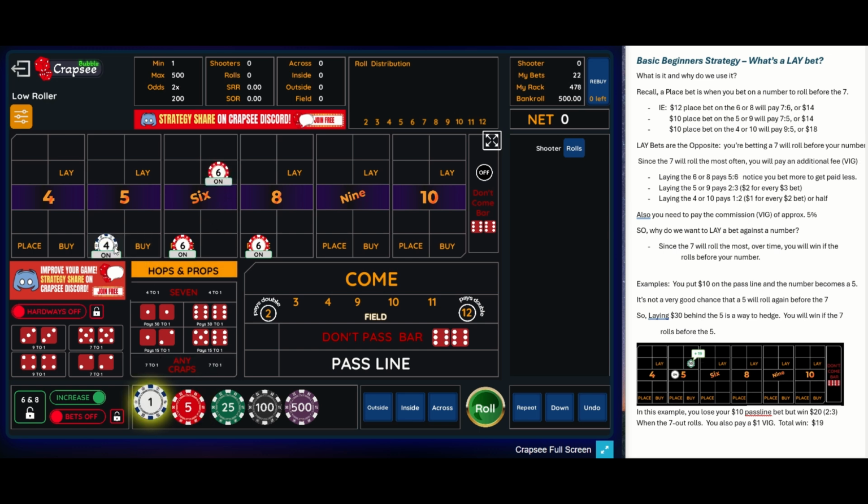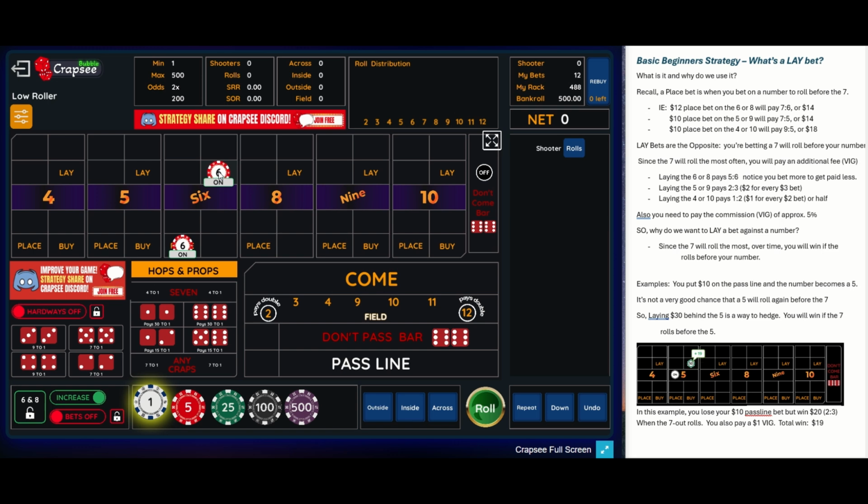So a $6 place bet will win 7. A $6 lay bet will win 5. You have to bet more to win less on the lay bet.